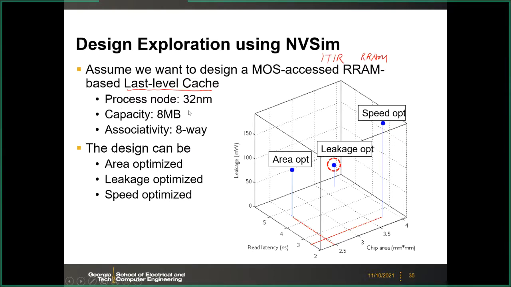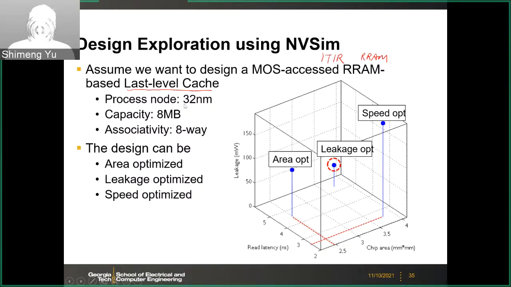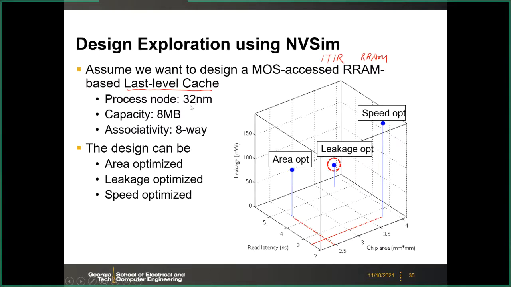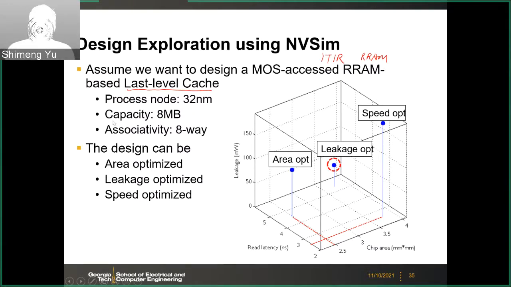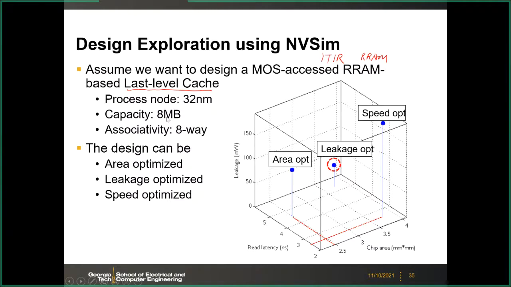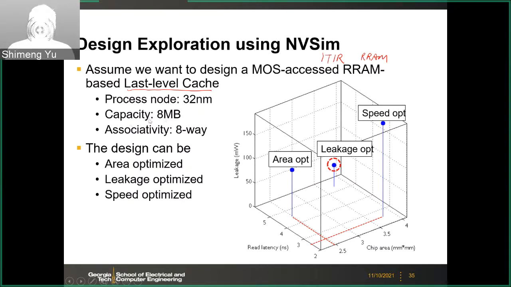Here you identify the process technology node, and in this particular example, we choose 32 nanometer. Then this is your design target: you want to have an 8 megabyte cache for the last level cache. And the cache has a certain associativity.